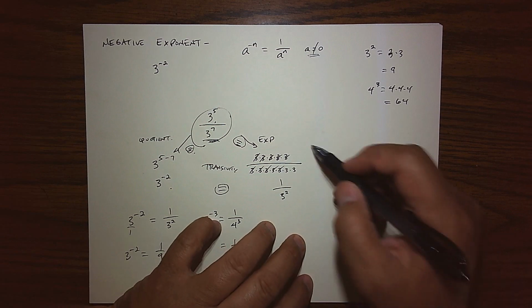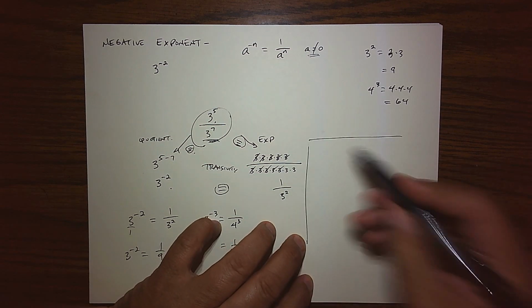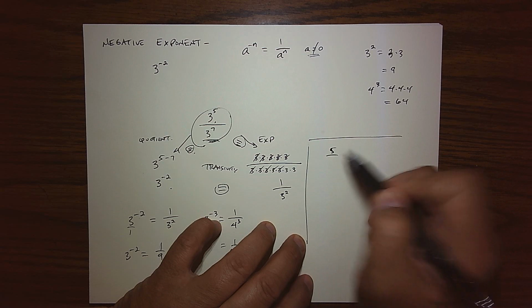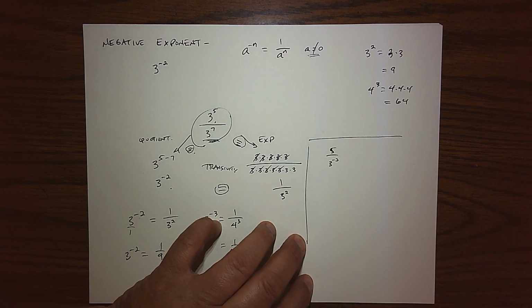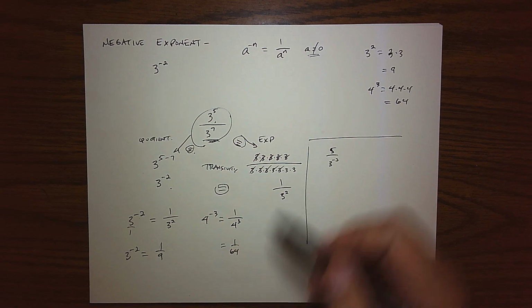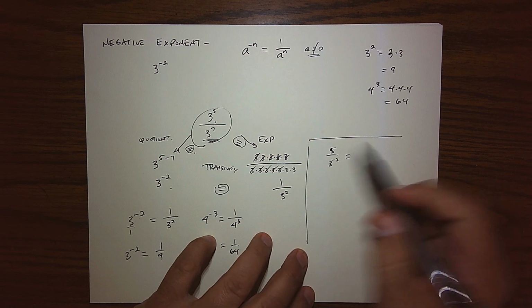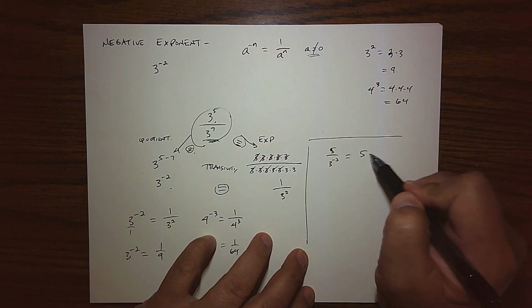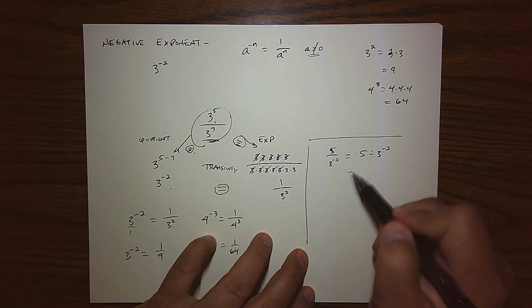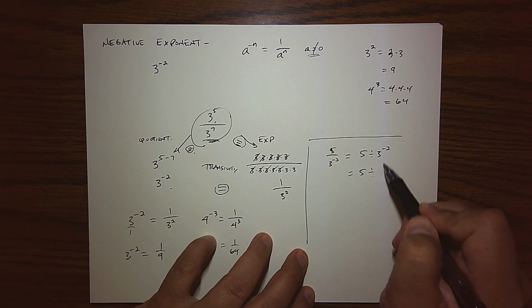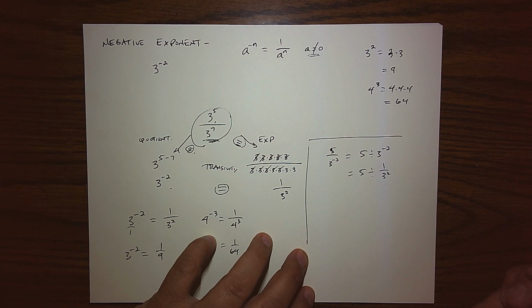One other item is, let's imagine we have the number 5, and it was already being divided by 3 to the negative 2. So what happens if the negative exponent is already in the bottom? If we follow suit, we're going to flip it up, but here's the math. Another way to write this is 5 divided by 3 to the negative 2, and then this is 5 divided by 1 over 3 squared.